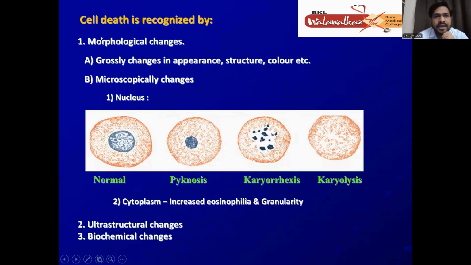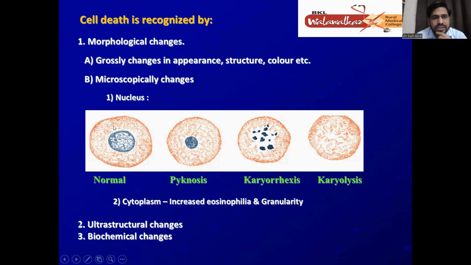Now, cell death is recognized by its morphological changes, ultrastructural changes, and biochemical changes. In morphological changes, grossly there are changes in appearance, structure, and color, and microscopically, this is the normal cell, this is the nucleus of the cell, and this is the cytoplasm.